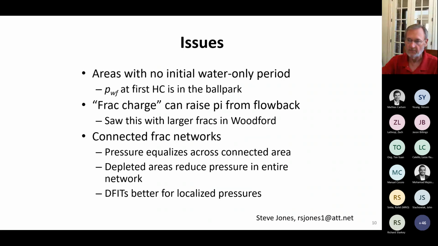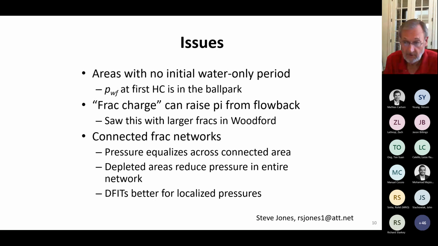So as I mentioned, if you don't have any water only period, then you can use bottom hole flowing pressure at first hydrocarbon. And actually, this is going to happen if the well is shut in for quite a while after the frac before you start flowback. The frac charge will bleed off and the hydrocarbons will migrate into the fractures.